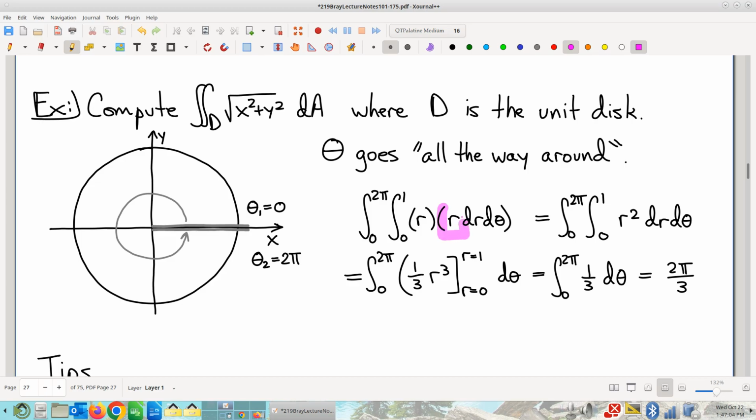Don't forget your stretching factor. Such a big deal. The stretching factor is arguably the most multivariable calculus of all of the ideas that go into solving this problem. So if you leave it off, it's just a big deal, right? Now again, this is a glass half full, glass half empty situation.